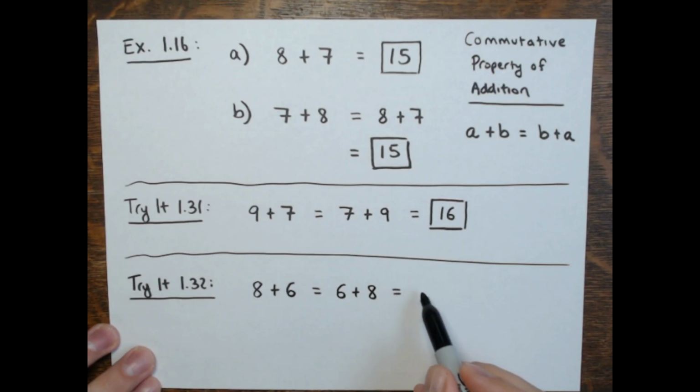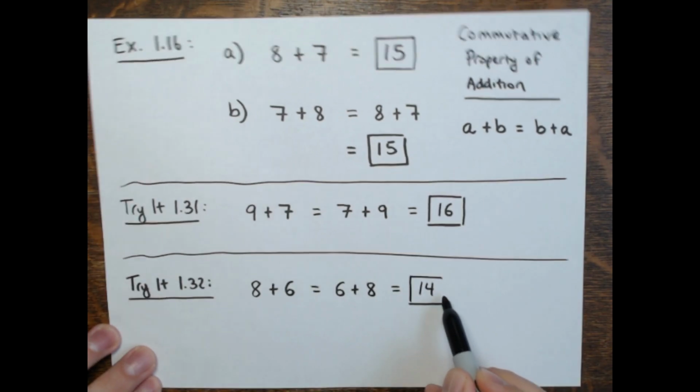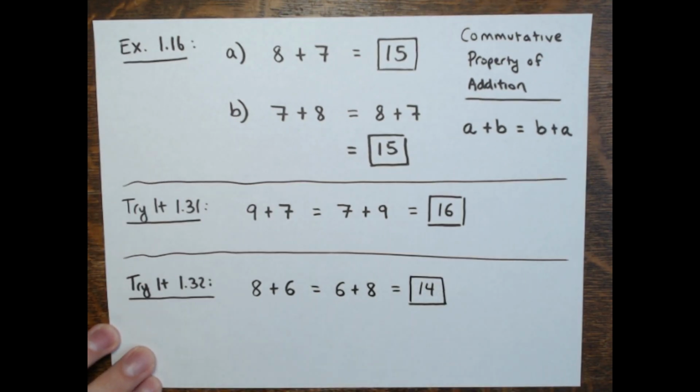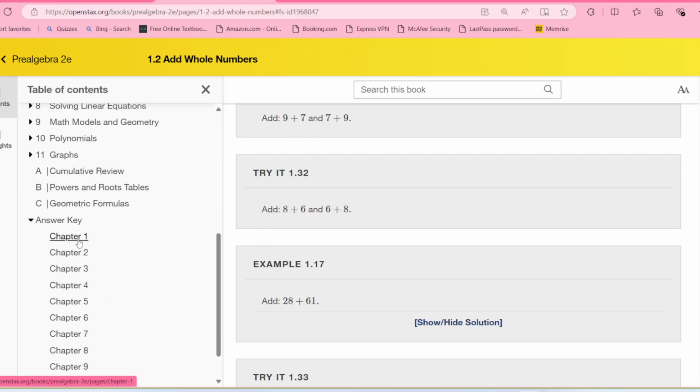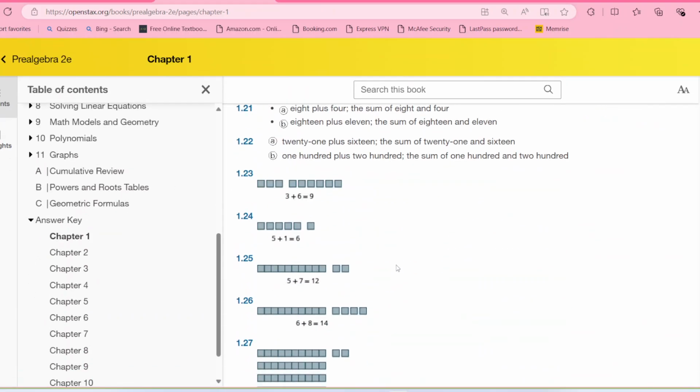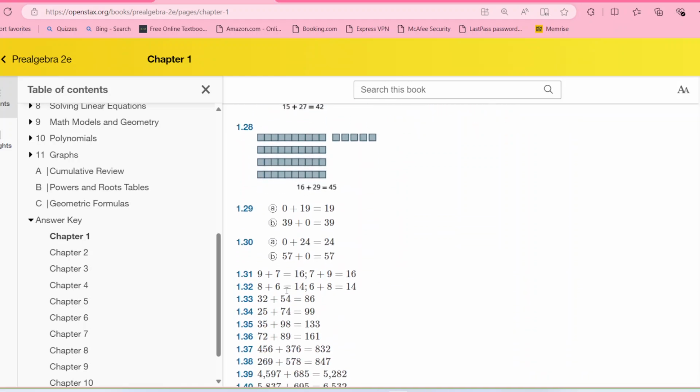And 8 plus 6, 6 plus 8, both of those are 14. 1 ten and 4 ones. Double check. Back to the chapter 1 answer key, try it 1.32, and both sums are indeed 14. Wonderful.